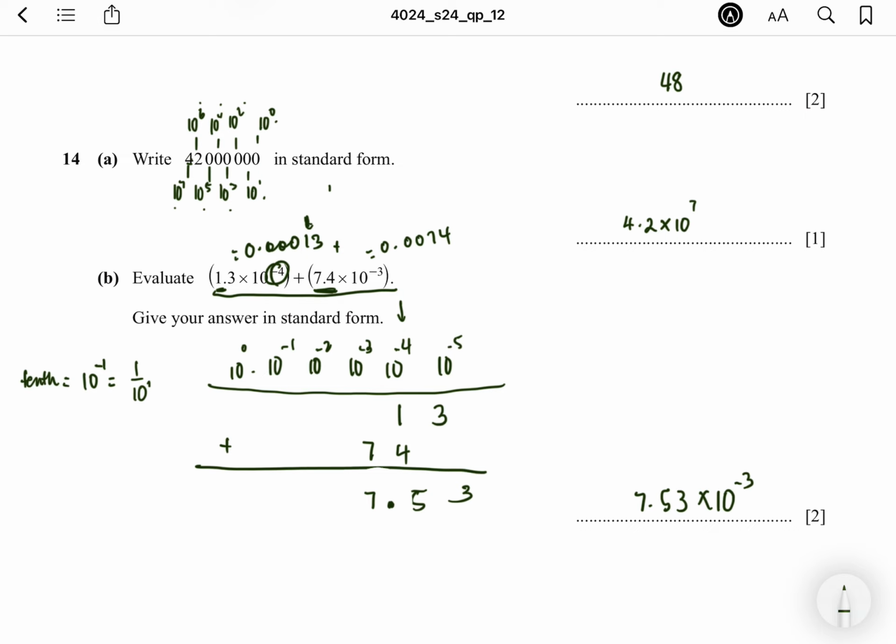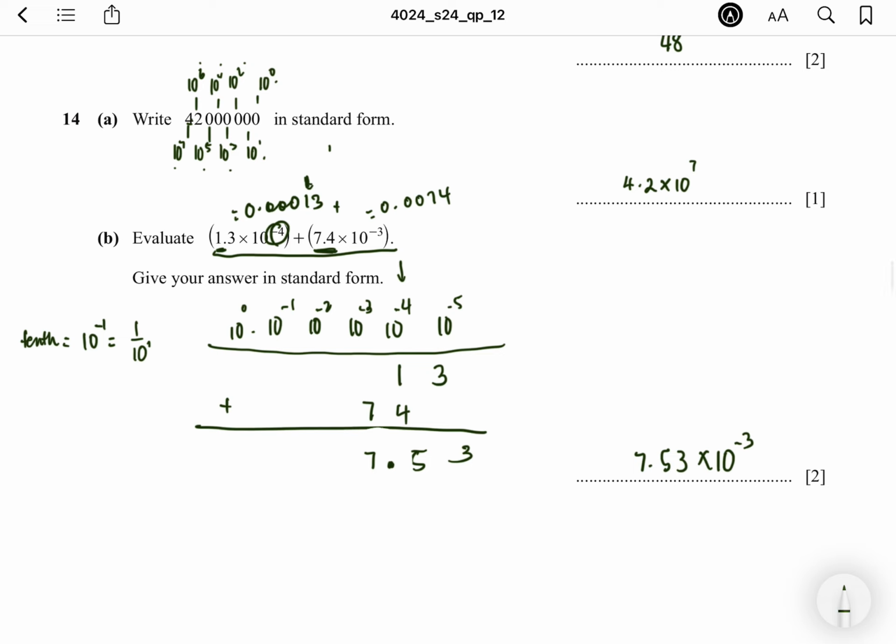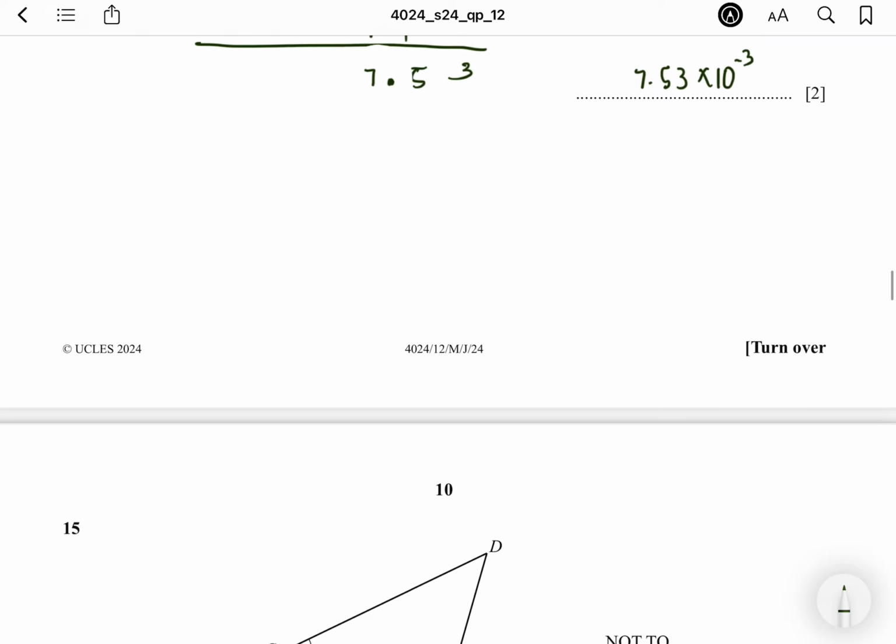Okay? So not a lot lurusan ya. So either you're changing into ordinary numbers, did some work, and then changing back ordinary numbers to standard form. So kalau macam ni, you don't have to worry because you know exactly what is the value for each digit.